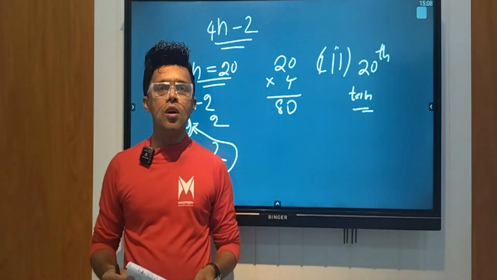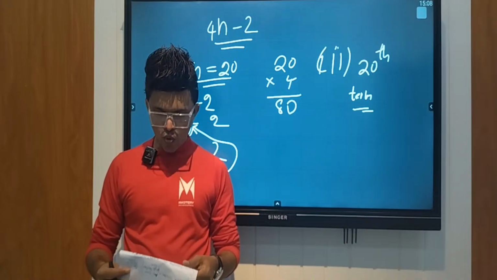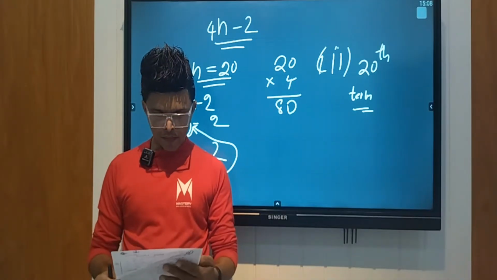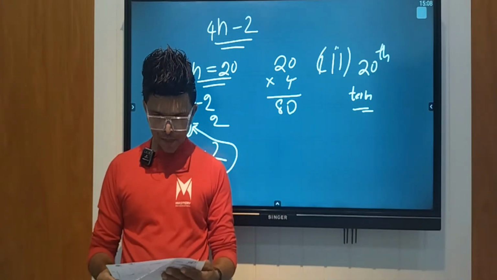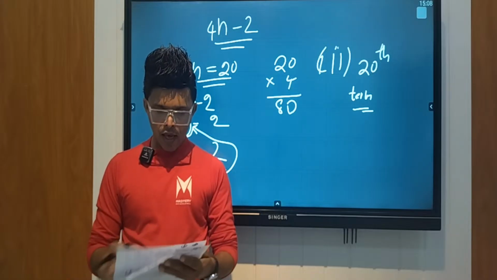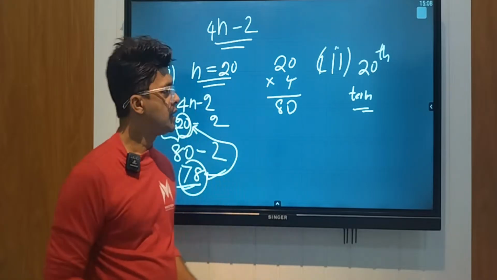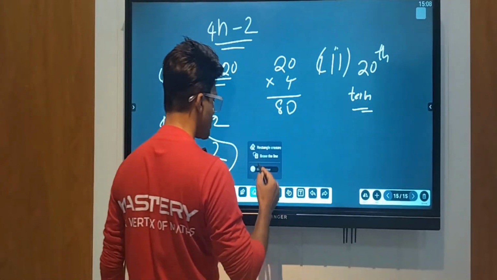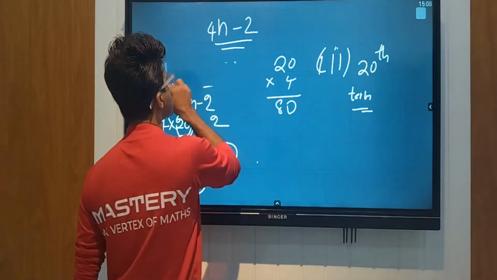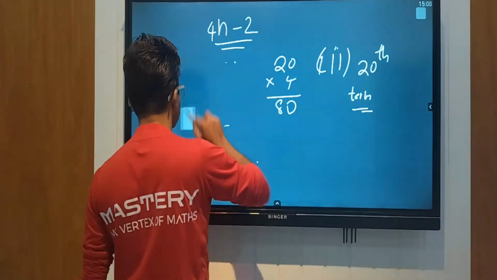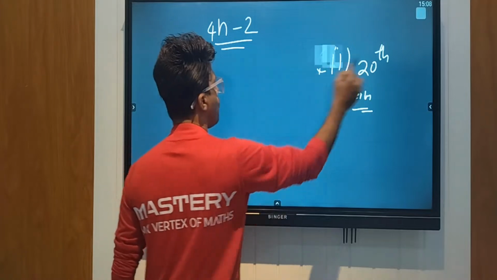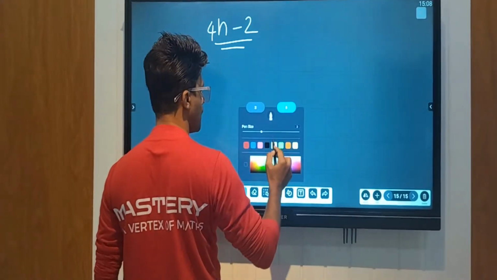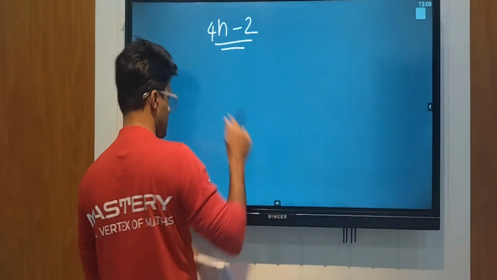Let's do another question. In the same question, the given general term is 4n minus 2. Don't forget, you will be able to see these types of questions in your textbook.